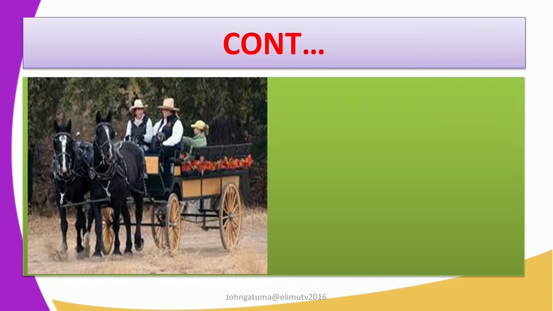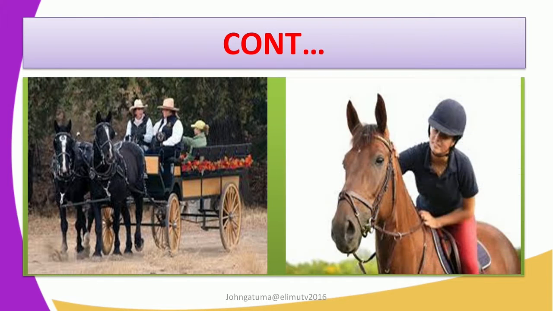It can draw the chariots. These are the species of a horse. Another horse is used for transport, carrying human beings, and it can carry, for example, the troops that are going to suppress any revolts in any area that requires emergency.